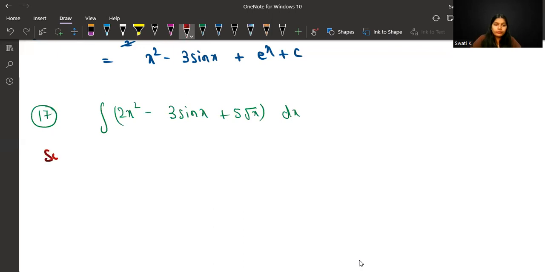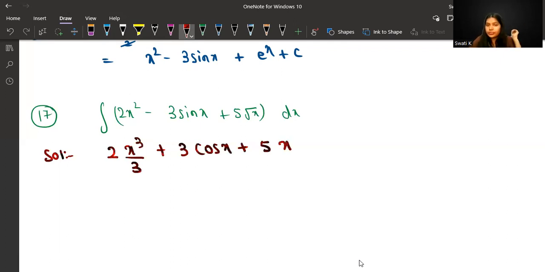So what we will do, we will again do a very simple thing. 2 outside, integration of x square is x cube upon 3 using the formula x raised to n, which is x raised to n plus 1 upon n plus 1. Here the integration of sine x is minus cos x. So minus minus will become plus 3 cos x plus 5 integration of x raised to half is x raised to half plus 1, which is 3 by 2, divided by 3 by 2, which is same as 2 upon 3x cube plus 3 cos x.